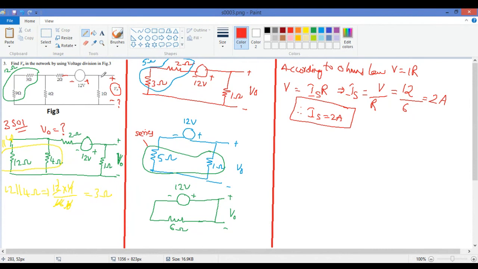Because they are in series, the same current will flow. So the current which is flowing here also is Is. So V naught is equal to, V is equal to IR. I is your Is and R is the 1 ohm resistance here. So Is is 2 into R is 1 ohm, 2 into 1. So this is 2 volts. Therefore we get V naught is equal to 2 volts.